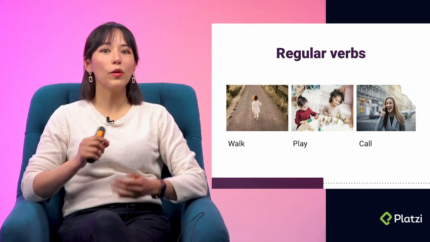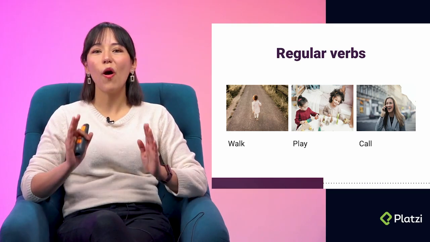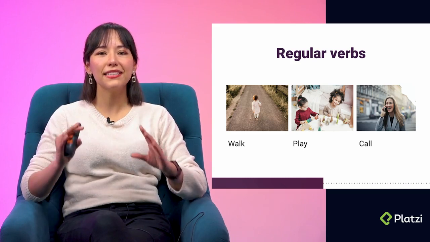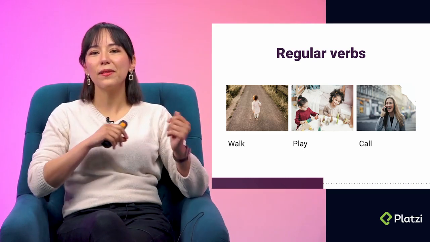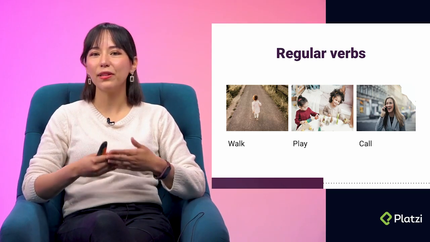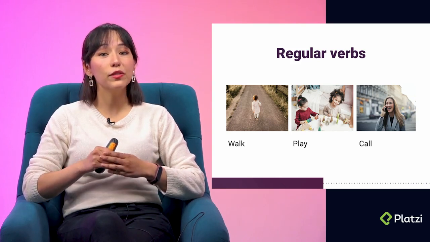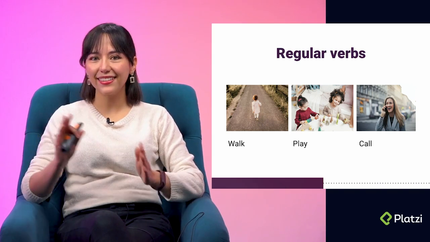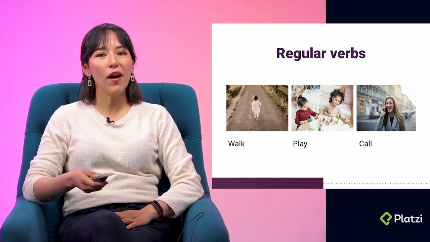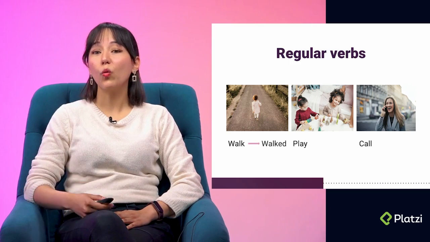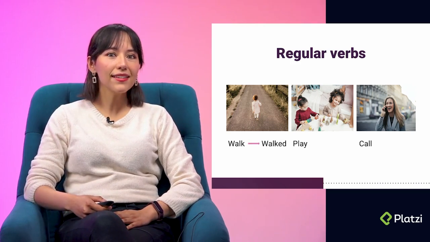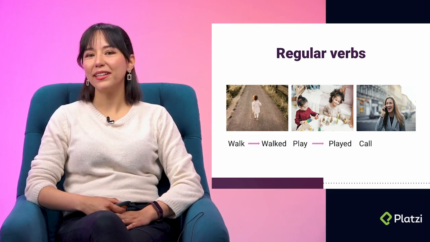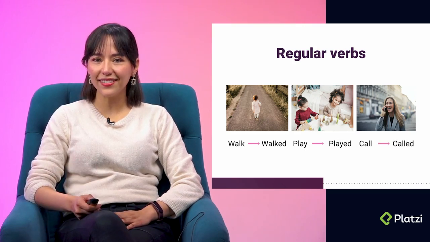We know that when we write these words, they will all end with ed. When we take these present tense verbs and transfer them into the past, they will end with ed. They will be pronounced differently, but they will be written with the same ending, ed. So, walk turns into walked. Play becomes played. And call becomes called.